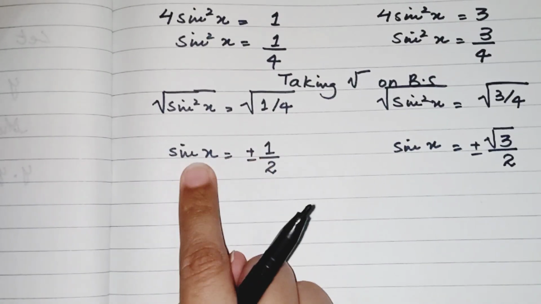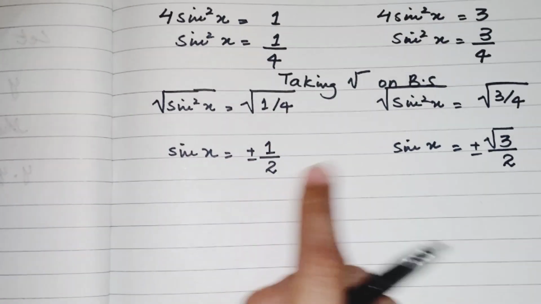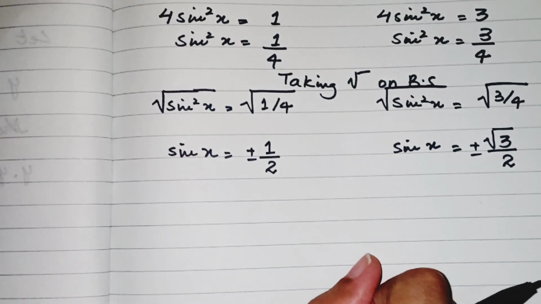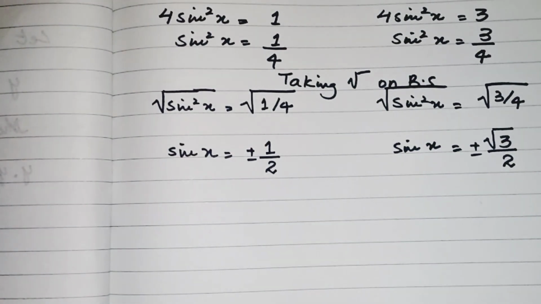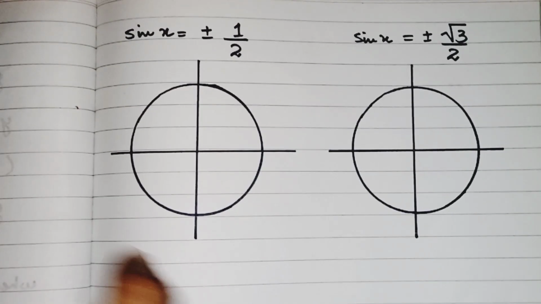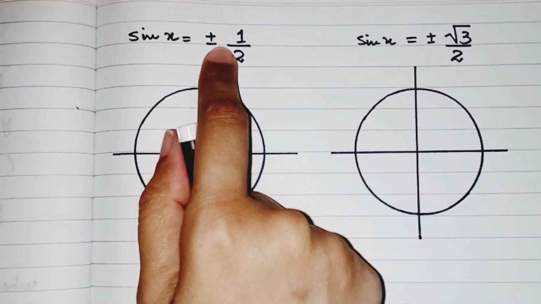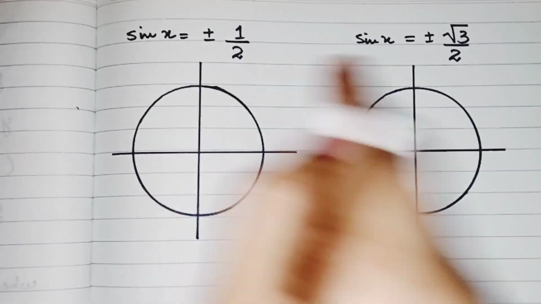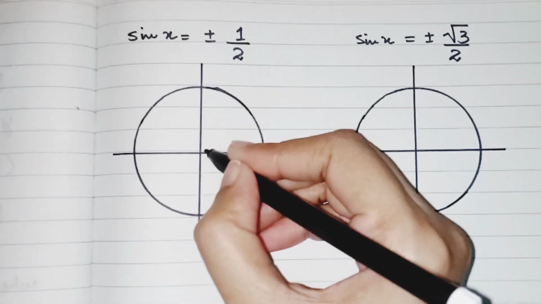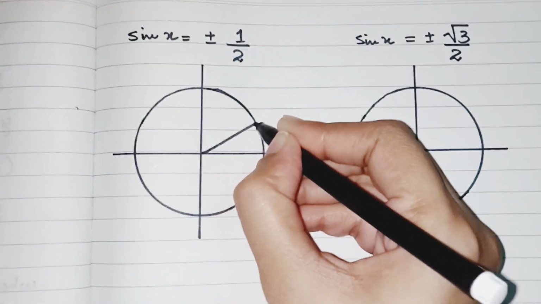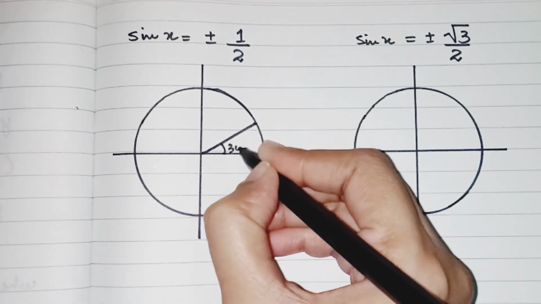So for doing that we have to find the radians for the value of sine x equal to 1 upon 2 and sine x equal to minus 1 upon 2, and the same for this one. Finding the radians, we have a very simple method. We all know that sine theta equal to 1 upon 2 is 30 degree.